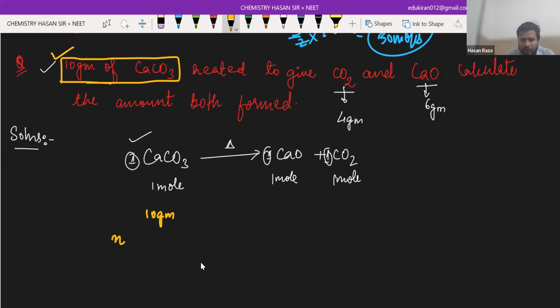So whatever is given of the reactant, you have to convert into number of moles. Mass was given, so I just calculated the number of moles of calcium carbonate.